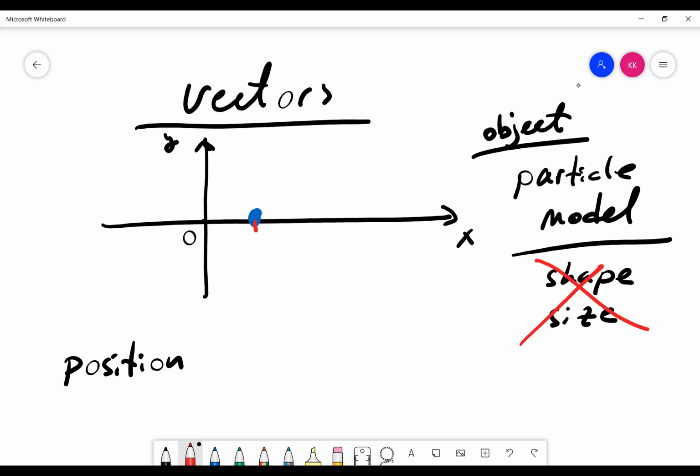I will take the position of the object, and since it's on the x-axis, I can write it as x. When you talk about position, there's an initial position, so I can represent it as x sub i, or x naught. We kind of use 0 to represent the initial position. And we also have a final position.